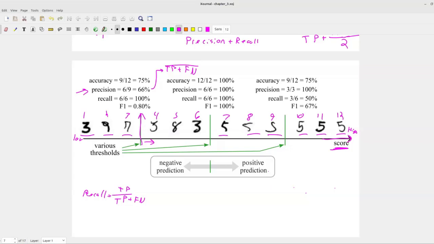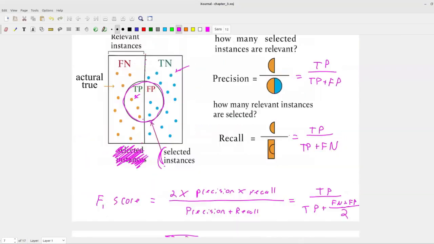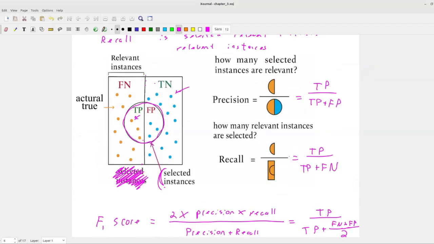So my recall for that is going to equal 6 over 6 plus 0, which is equal to 6 over 6. So if I have a threshold here, I have a 100% recall, right? Which is pretty good. Again, the recall is just the left-hand side here, or the relevant instances.